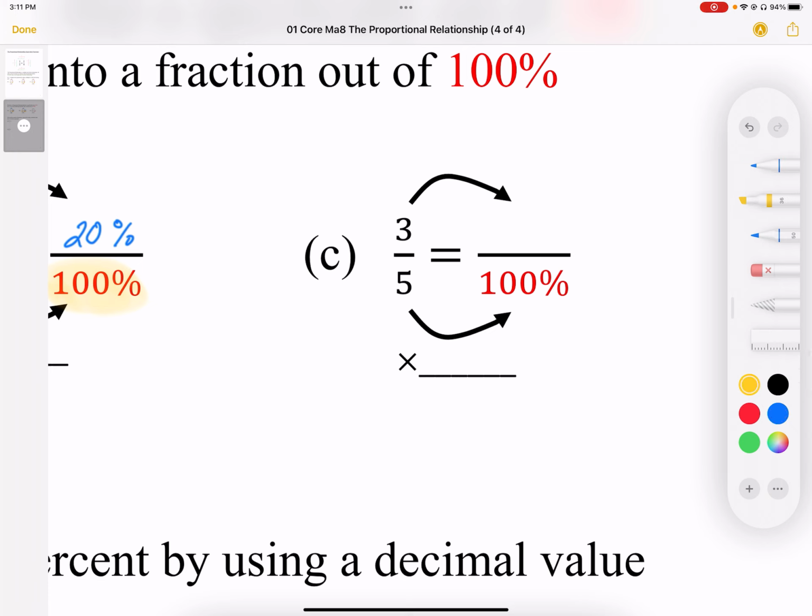So 3 out of 5: if we got 3 out of 5 on a test, what's the percentage? We're going to convert to percent. Comparing those two numbers, we divide. 5 times 20 equals 100. We need times 20 on the top, and so we end up with 60%. So 3 out of 5 on a test is the same as getting 60% on a test.